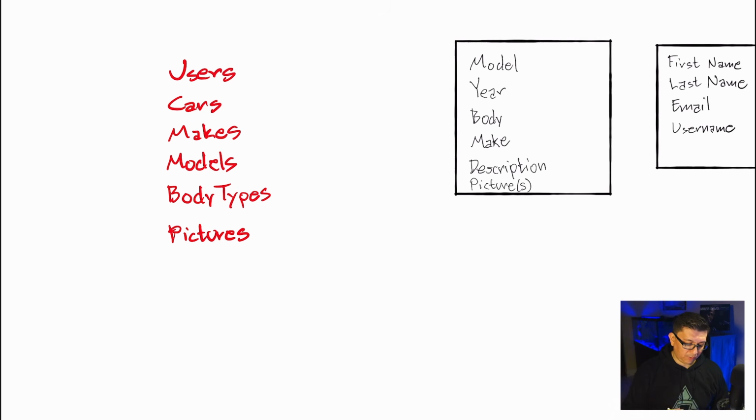A lot of people, and I used to do this as well, when you're at this stage, you try to foresee all the different scenarios that you might run into. And sometimes it's very difficult to do that. You can spend a lot of time going around in circles and just spending too much time on the database design phase, and you don't even get to the development part because you just get overwhelmed with this.